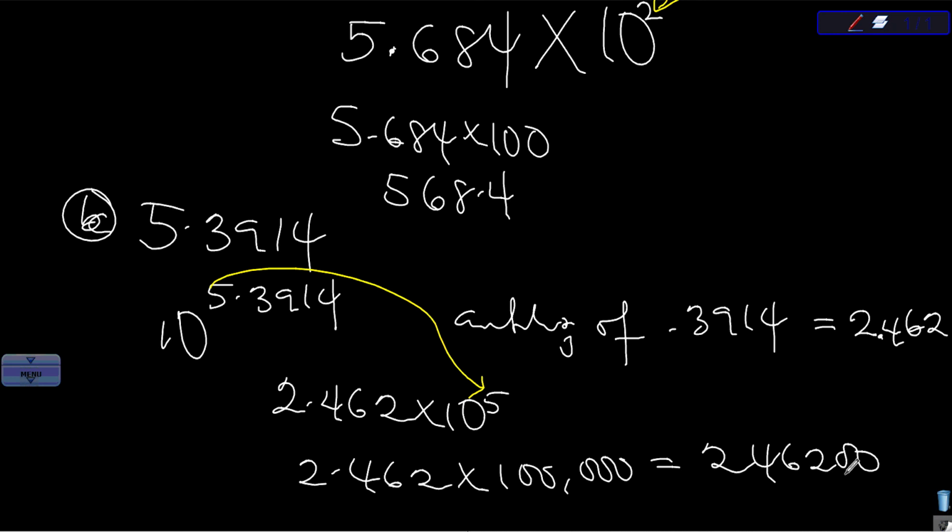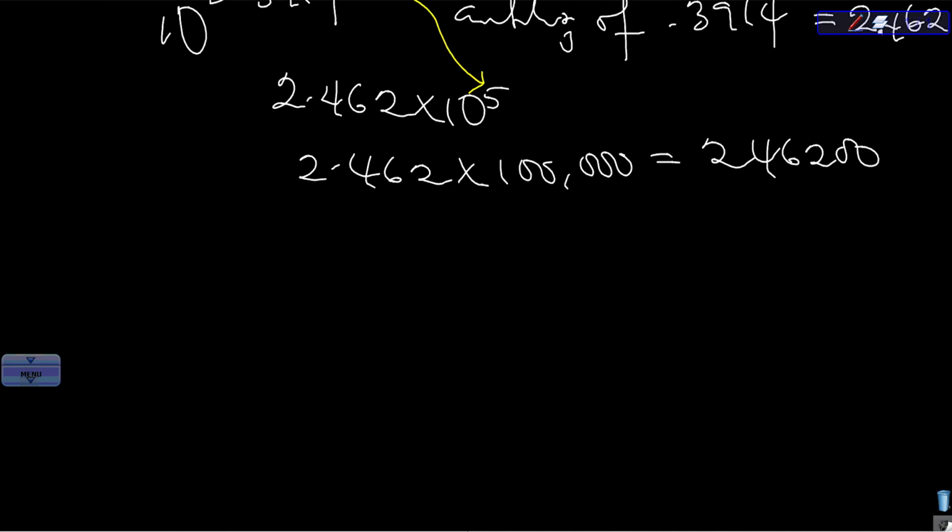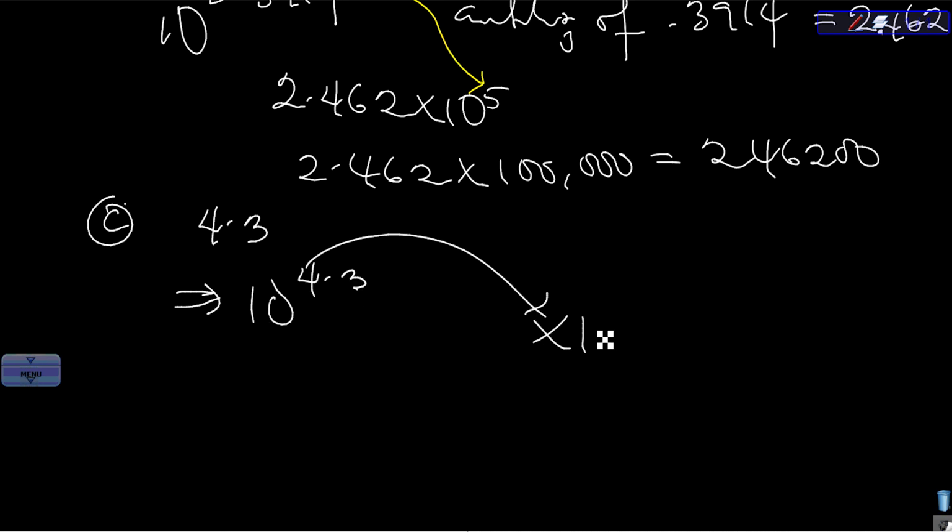And for the last one, I believe you can attempt that on your own, which is like checking the antilog of 4.3, which implies 10 raised to the power 4.3. And don't forget, this will be the power of 10 of a particular number, which is 10 raised to the power 4 times the antilog of 10 raised to the power 0.3.